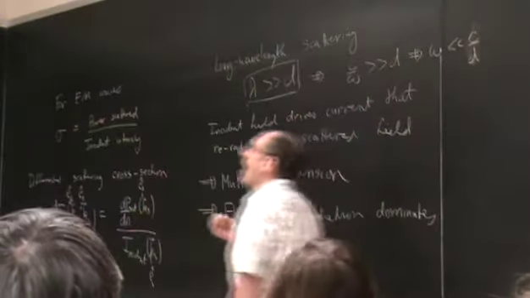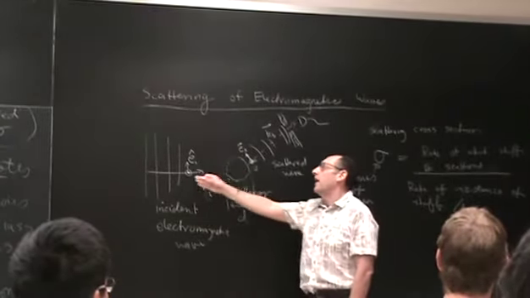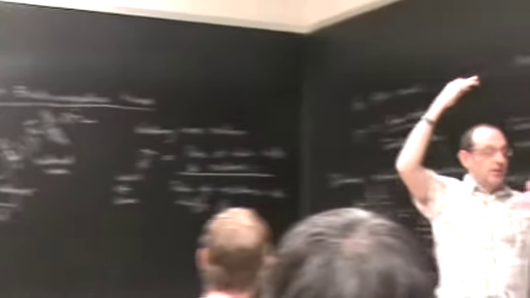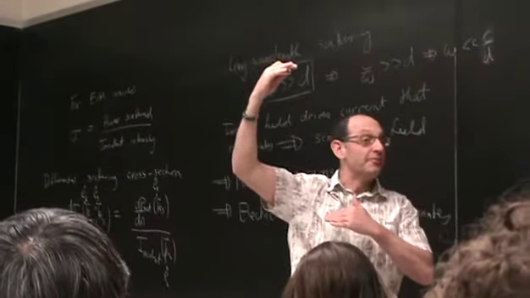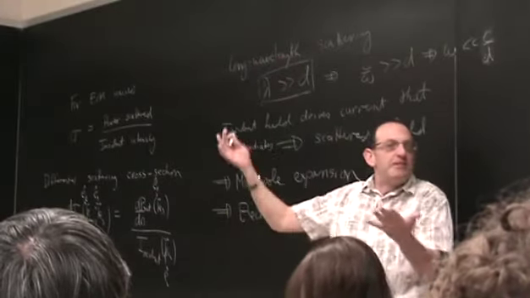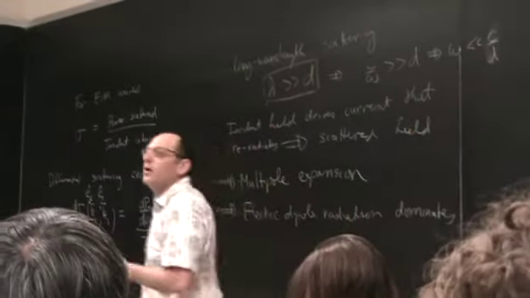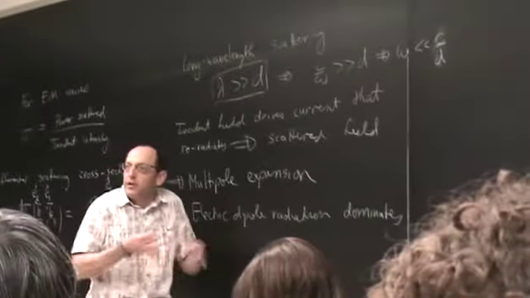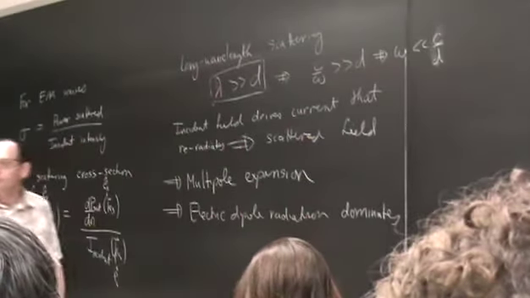For example, if I am looking at near resonance scattering of an atom by some kind of laser beam, and I'm driving that near a transition which is electric dipole forbidden because of parity selection rules, then the electric dipole will be 0. And then I might have to think about higher multipole moments. But in general, unless there's some very special symmetry that forbids it, the electric dipole moment will dominate.